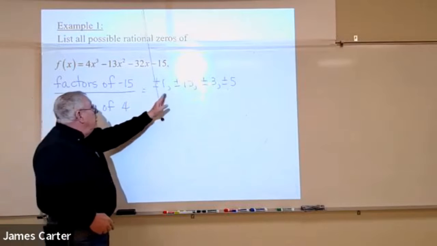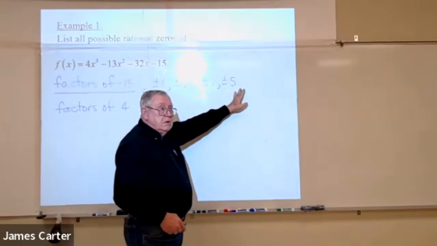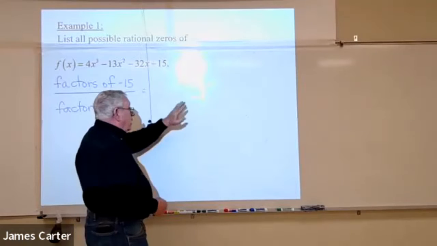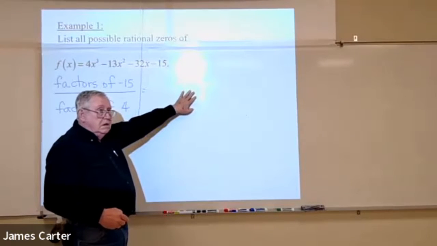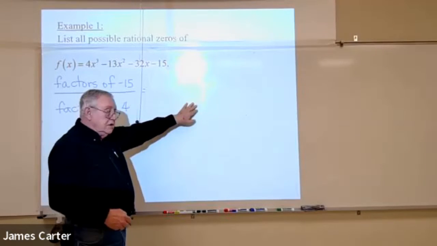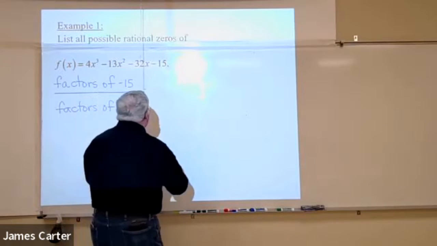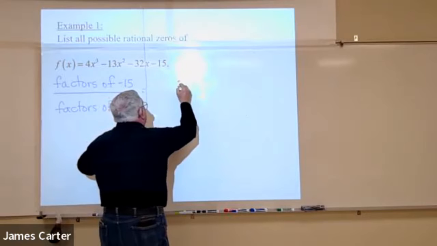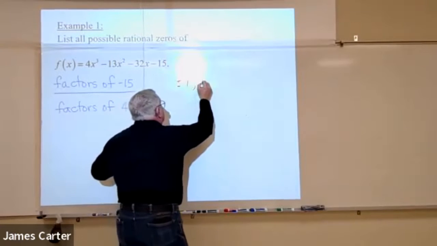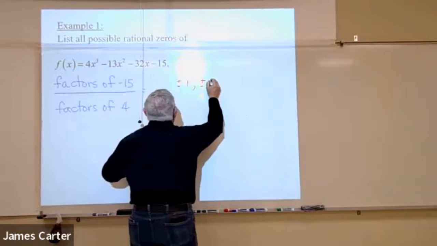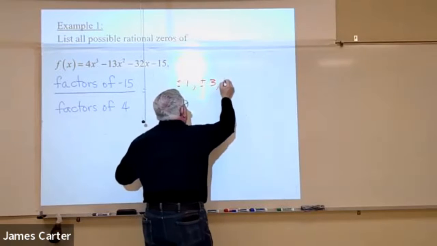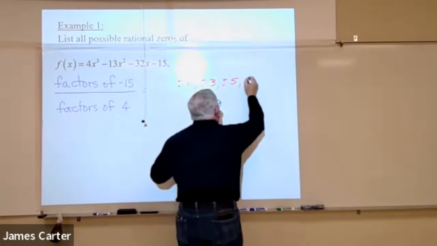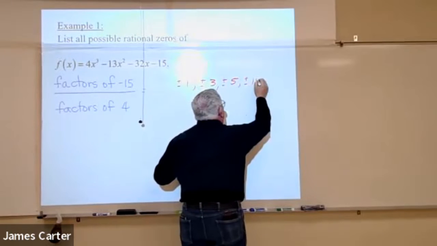Now, I know I taught this, but I want to go over it one more time. I'm going to do this problem again. Here, I've got plus or minus 1, plus or minus 3, plus or minus 5, plus or minus 15.